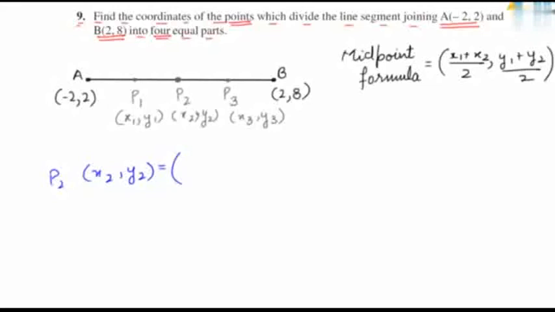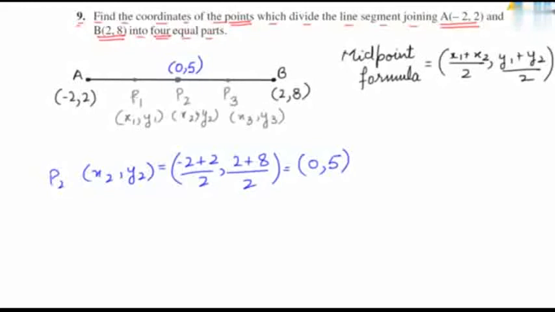So x1 plus x2 means minus 2 plus 2 by 2 comma y1 plus y2 means 2 plus 8 by 2. Minus 2 plus 2 is 0, 0 by 2 is 0, and 2 plus 8 is 10, and 10 by 2 is 5. So this comes out to be 0 comma 5.